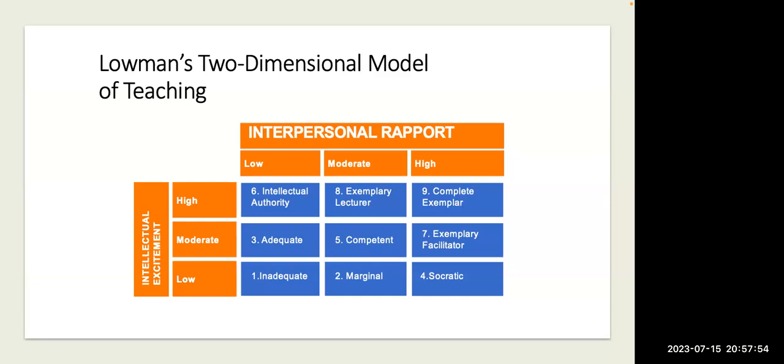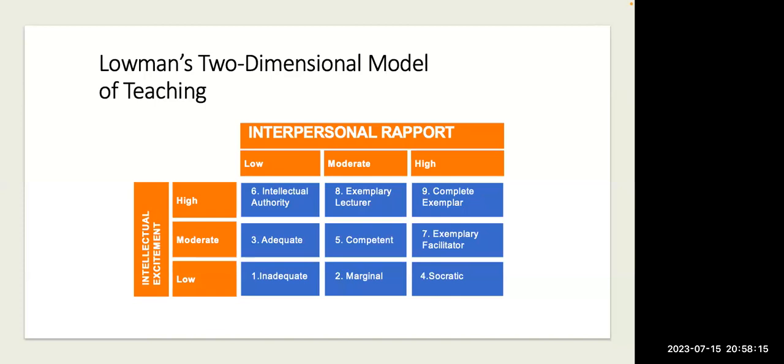There are certain things that I'm sure most of you are hearing about Joseph Lohmann's 2D model for the first time. It's been there for at least so many decades. So if you are low in both dimensions, you're inadequate.